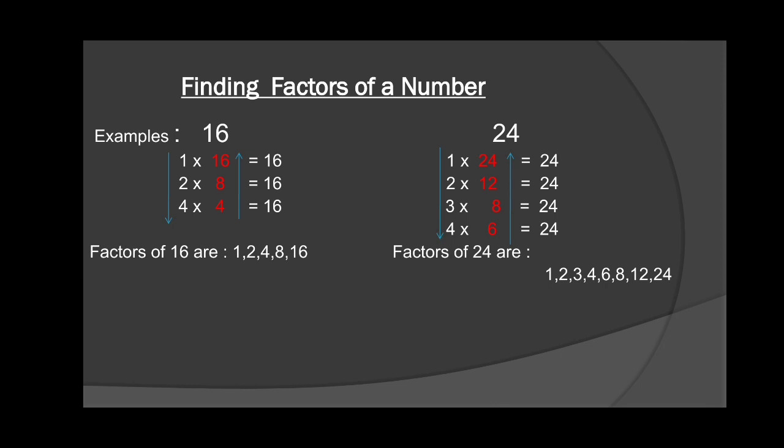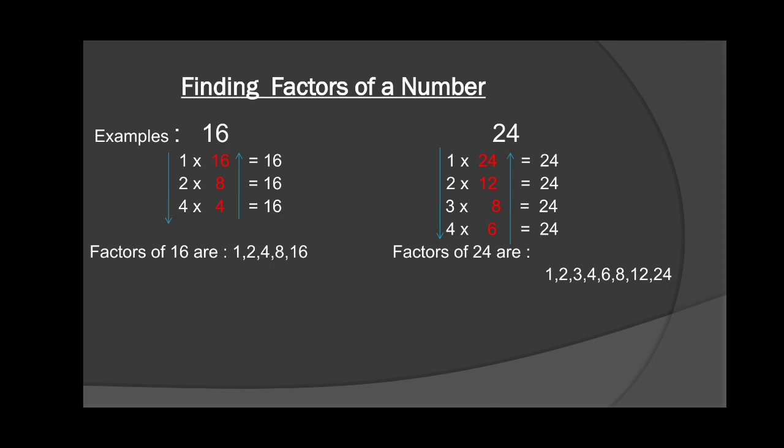In order to get our answer as 16, we have to multiply with 1. Which number if you multiply with 1 you will get 16, that we have to check. So here I am taking the product of the two numbers which gives the result as 16. So the first number is 1.